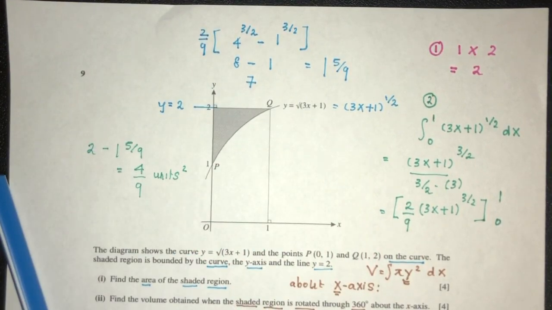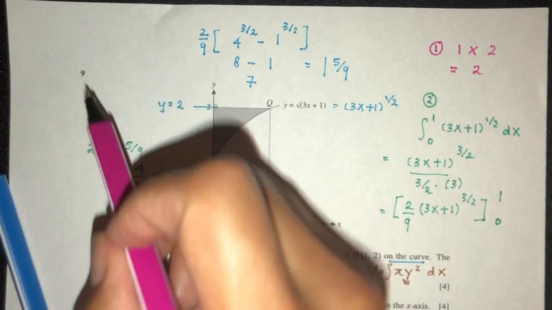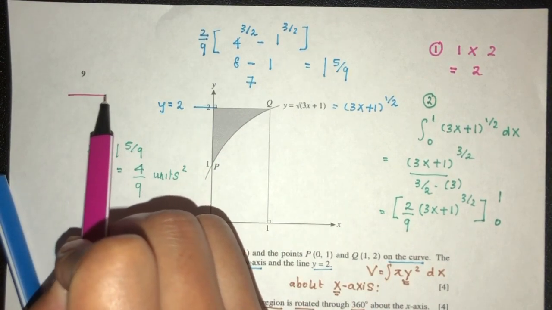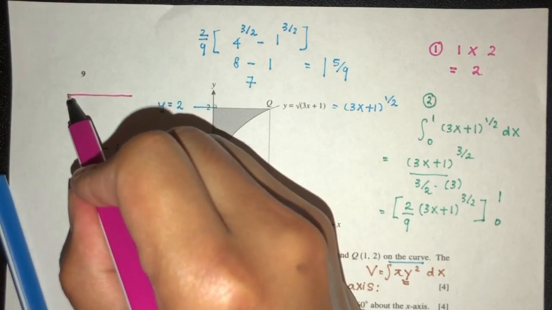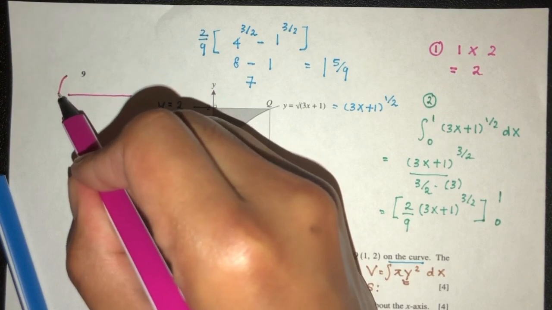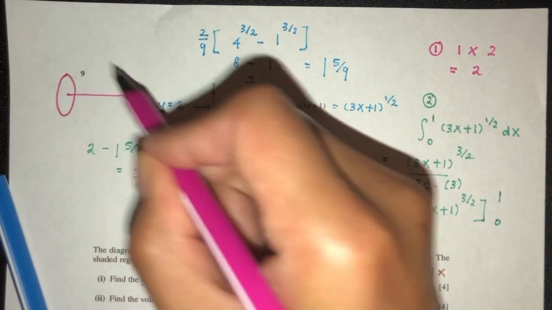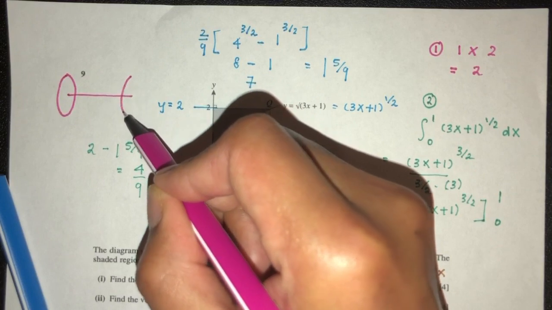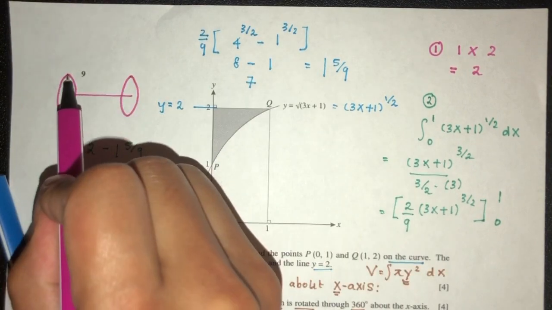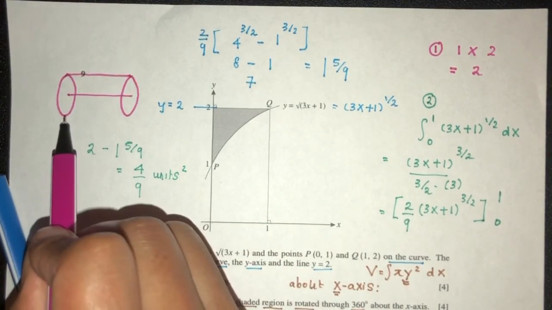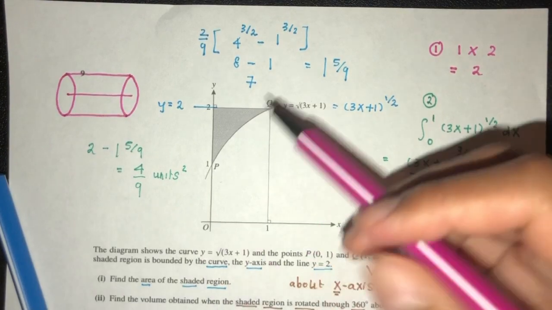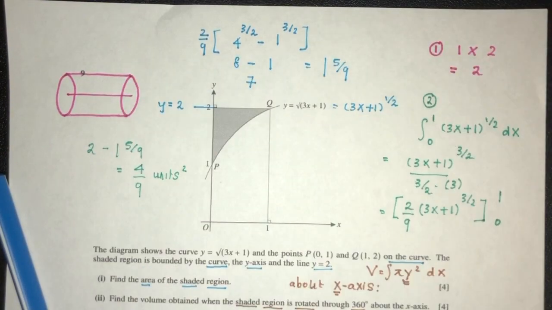Well, let me draw something here. So this is the x-axis, for example, and I'll rotate the line around the x-axis. For example, you will have a shape something like this. That makes sense, when you rotate this one around the x-axis.